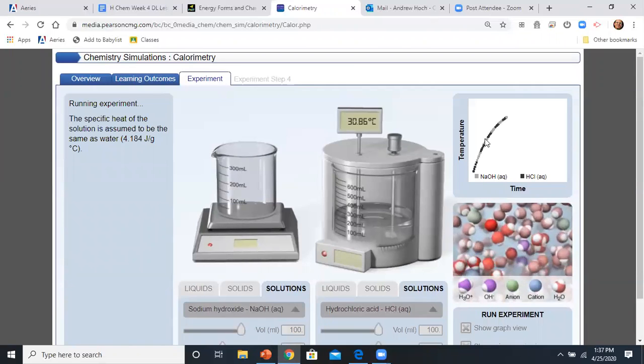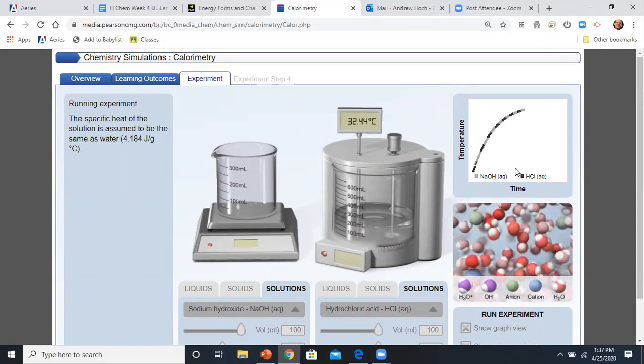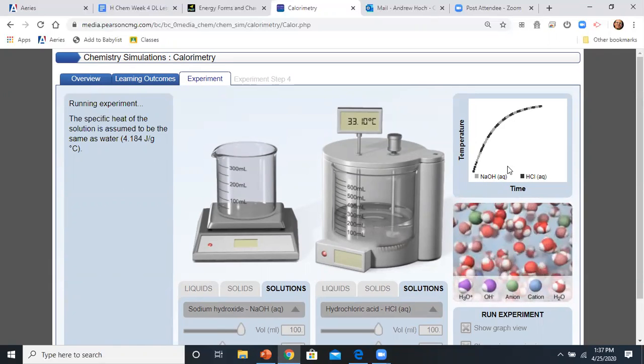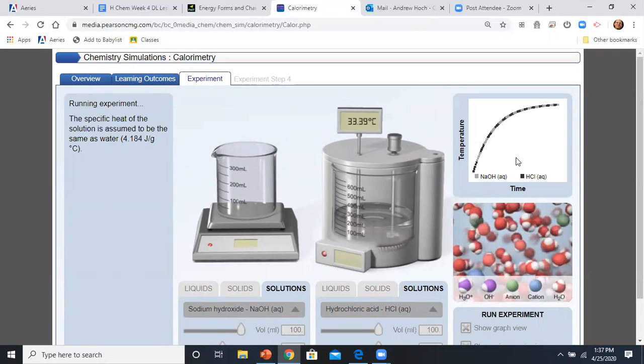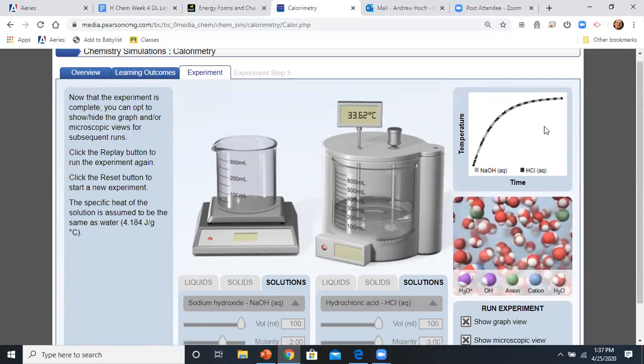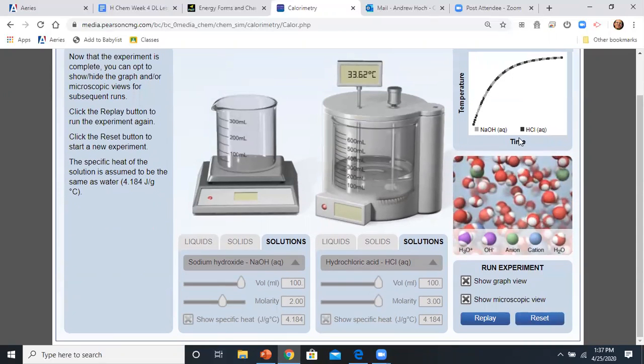Notice the temperature of the water is actually climbing. All we can really do is we can't physically measure the HCl and NaOH. We're measuring the environment they're in. So basically the temperature of the water is increasing. Let me show this graph view again.